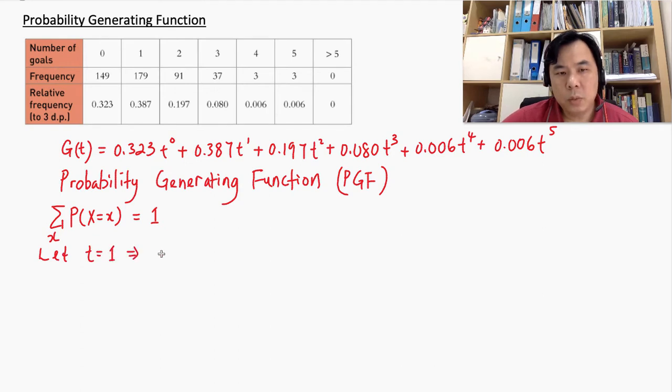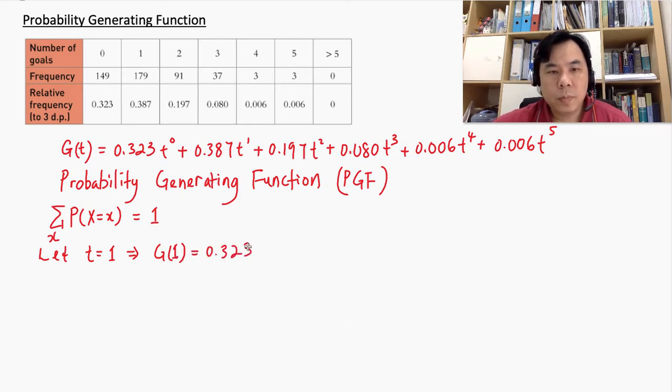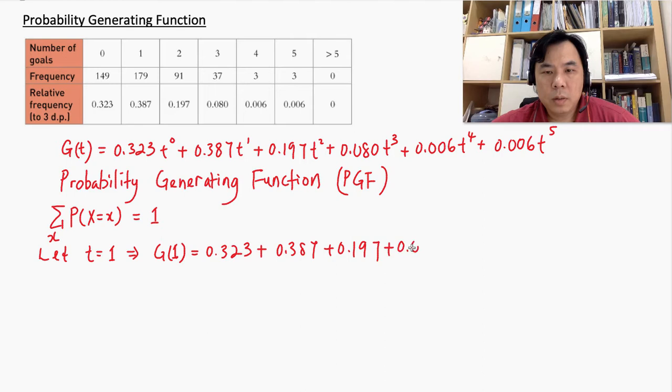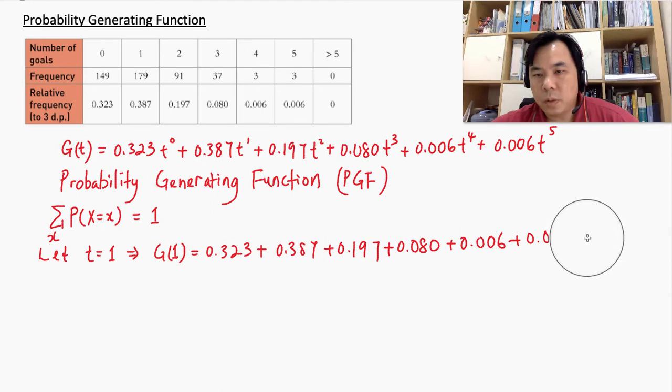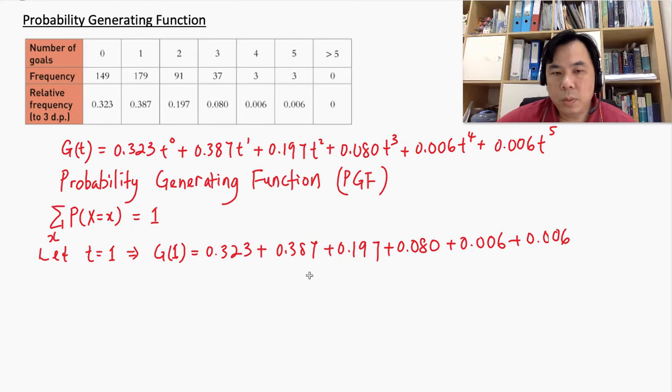So by letting t equal to 1, we can get our G1 function as, all right, 0.387 and then 0.197, and 0.066, and then if you sum up all this probability here, it should actually give you a 1 there.